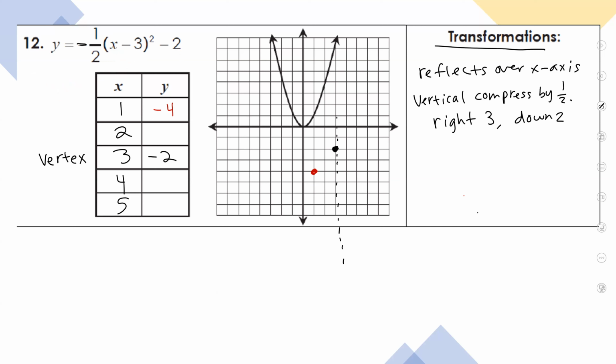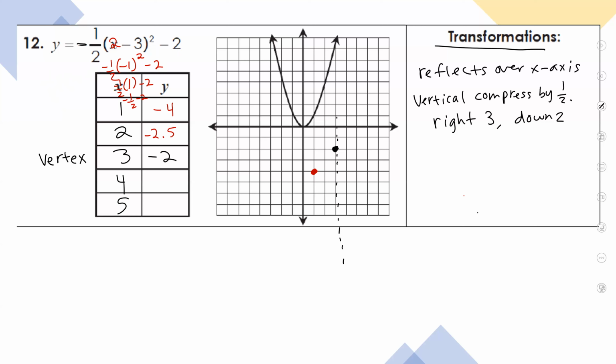Now let's go ahead and plug in number 2. We're going to plug in a 2 here. So 2 minus 3 is -1. We're going to square it. -1 squared is 1. And then we're going to multiply 1 by -1/2, which is -1/2. Minus 2, it's -2.5.